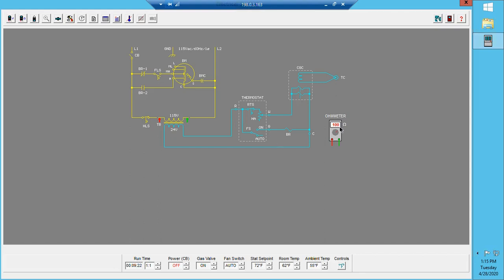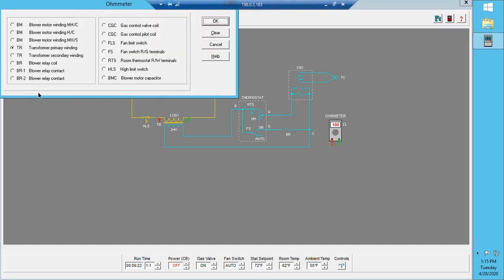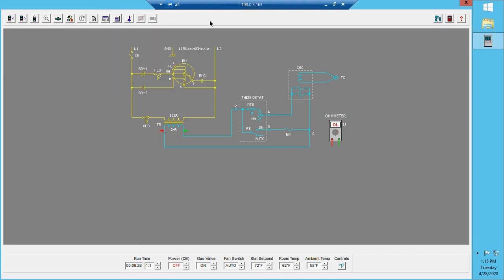If I go across my secondary winding on my transformer, I'm reading OL, between this point and this point. That's telling me that somewhere in this coil right here, that winding has broken apart. I do not have a complete path or continuity for that electricity to flow.